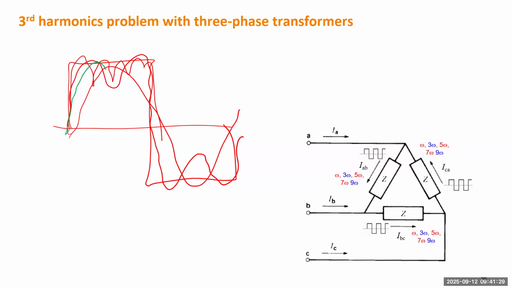Even order harmonic means there will be something like this one. That will have twice the fundamental frequency, because this green one will change the final shape. The final shape will be distorted, not symmetric.